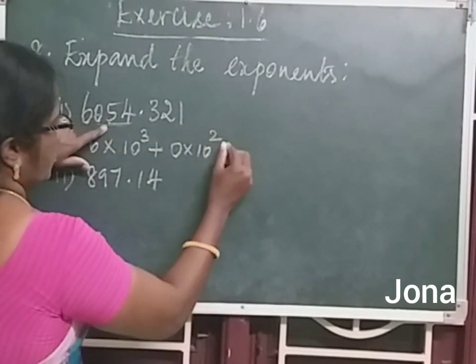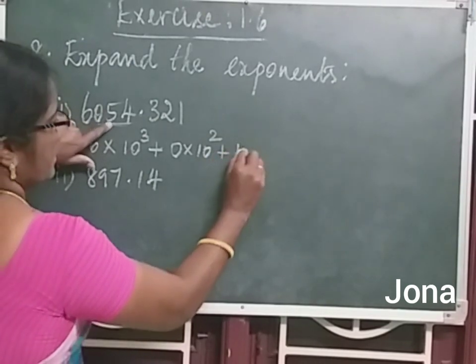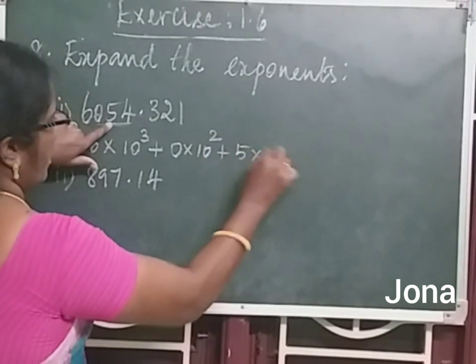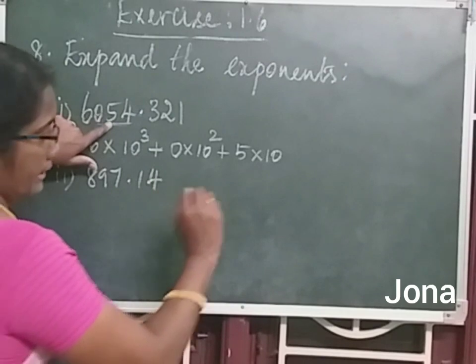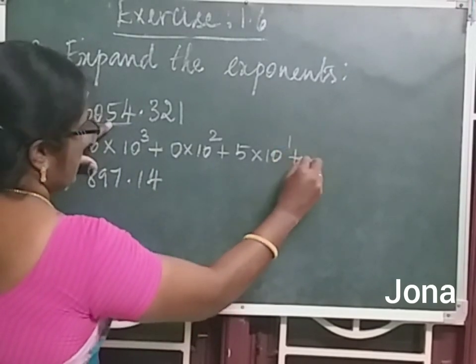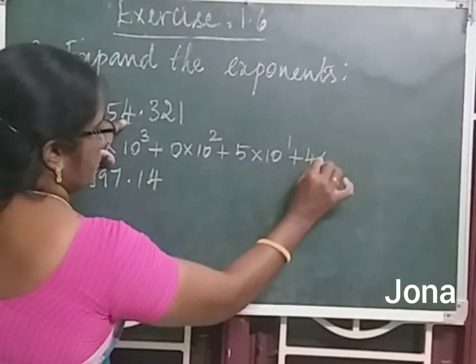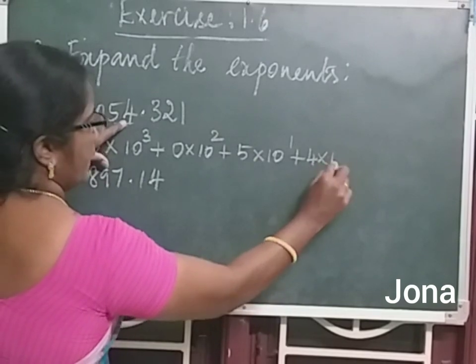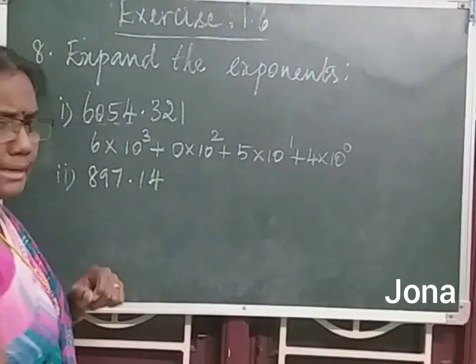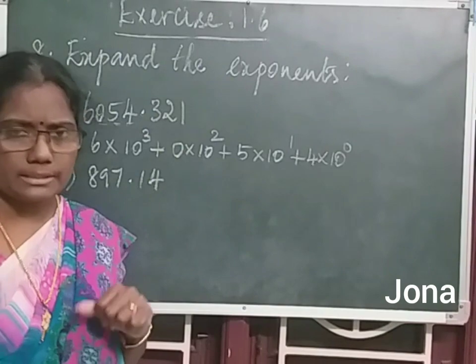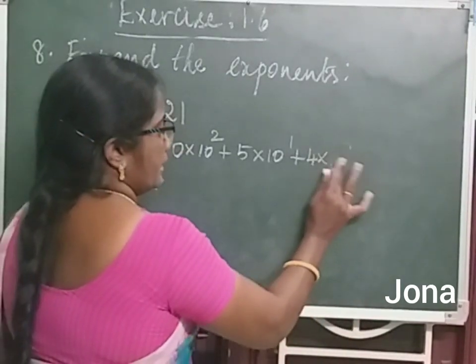So 10 power 2 plus this 5 into 10 power, after 5 we have only one digit, so write 1, plus 4 into 10 power 0. 10 power 0 is nothing but 1, so we know that, and no need to write 10 power 0.